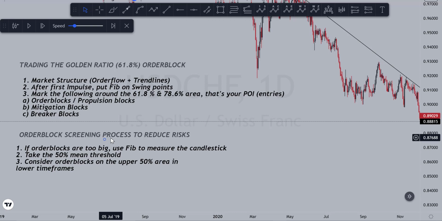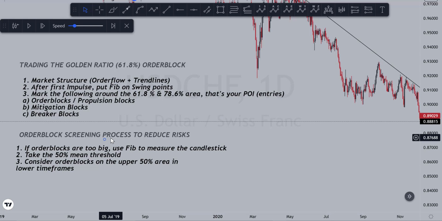In some assets, that can be very problematic, because the textbook stop loss in pips would cover all your capital. So we want to reduce the risk on trades, and we can do this by filtering our order blocks to the lowest time frame possible, even up to the 1 minute time frame.